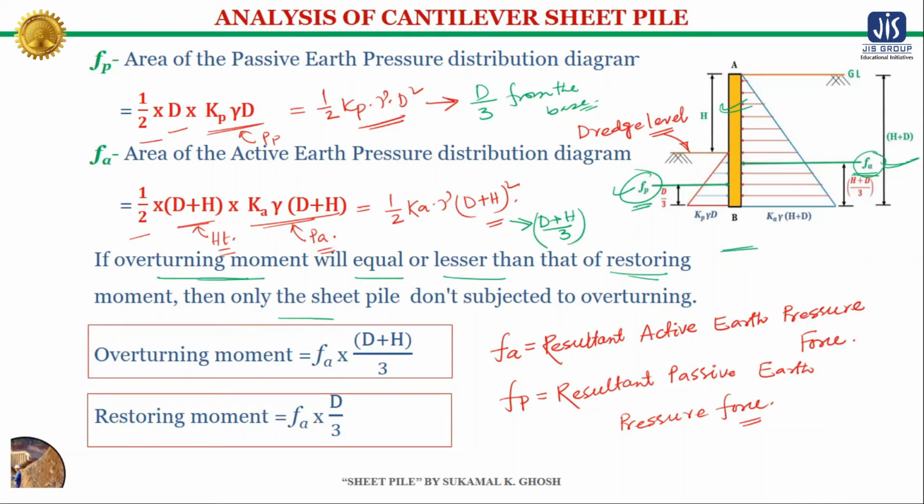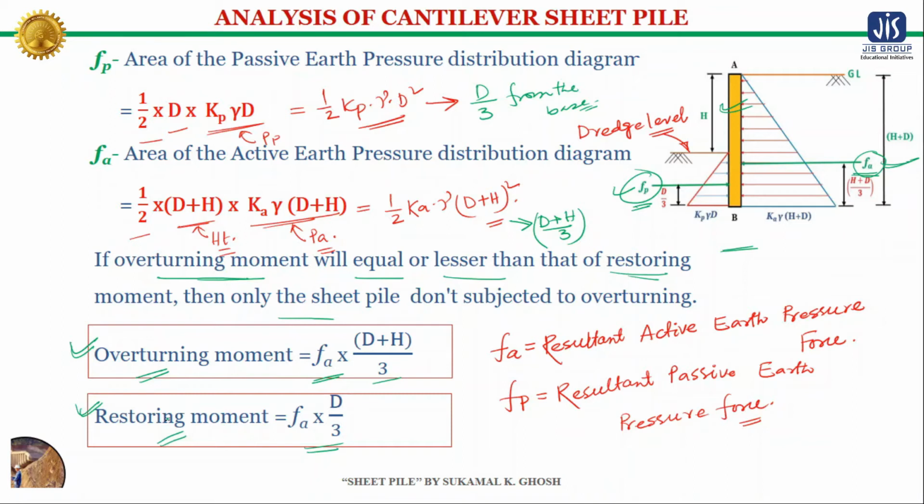Okay, so the overturning moment, or the moment that is produced by the resultant active earth pressure force, is Fa into D plus H divided by 3. Okay, and the restoring moment, or the moment that is produced by the resultant passive earth pressure force, is Fp into D by 3. Okay, so for the stability of the sheet pile, these two moments have to be equal, or maybe this moment needs to be less than this particular moment.